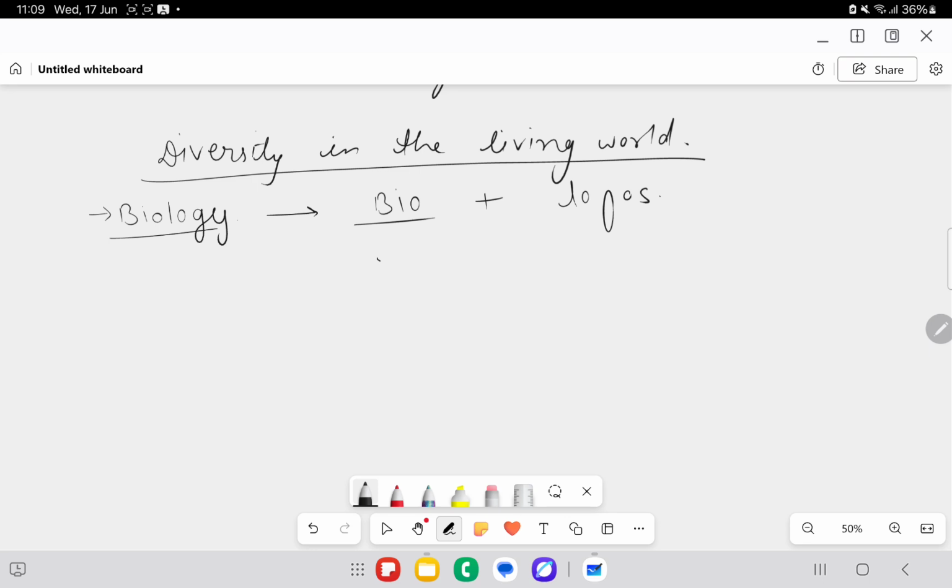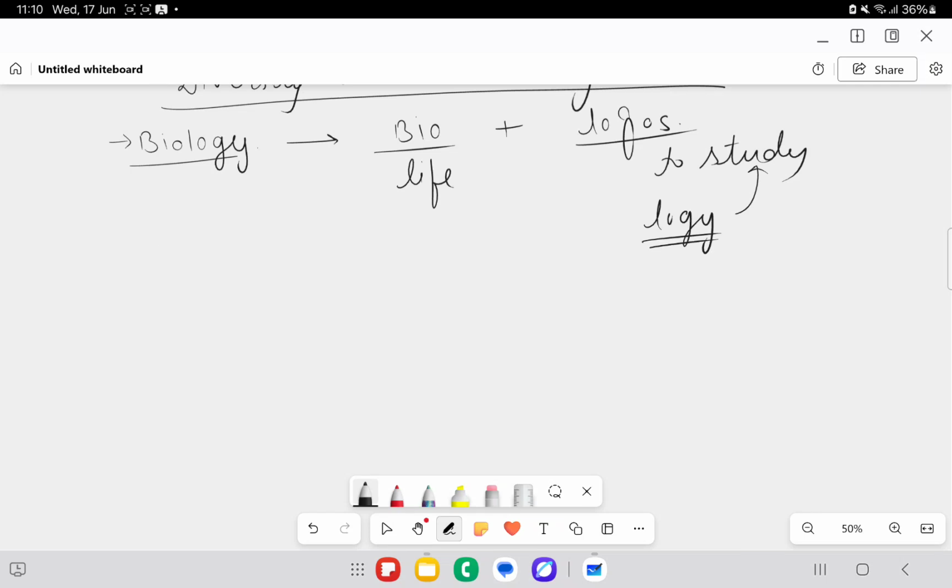Bio means the life forms and logos means to study. Anywhere you see the suffix logy, that simply tells us about the study, right? So what is biology? Biology is the study of living organisms.